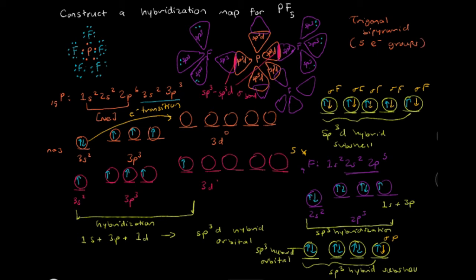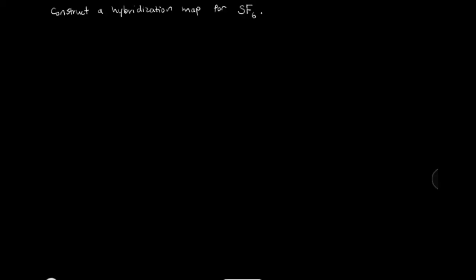Anything that has 5 electron groups, and this is referring to the electron geometry, you should see an sp3d hybridization. So really watch out for that, right? Okay, so we'll take a look at some more examples of more hybridization style questions.